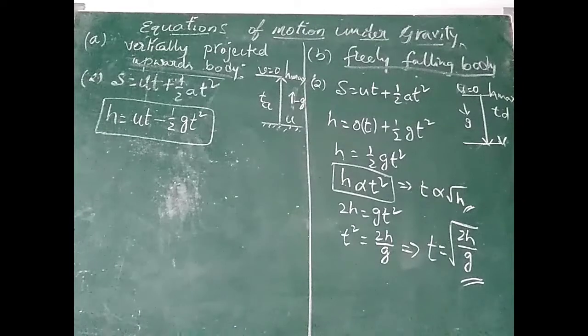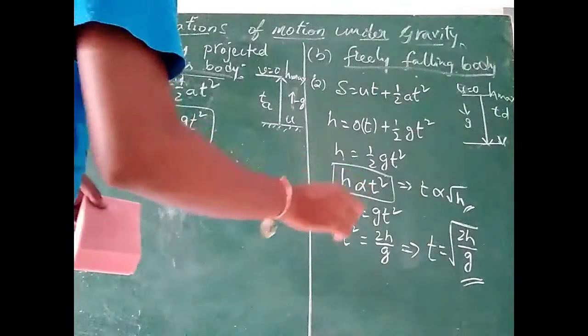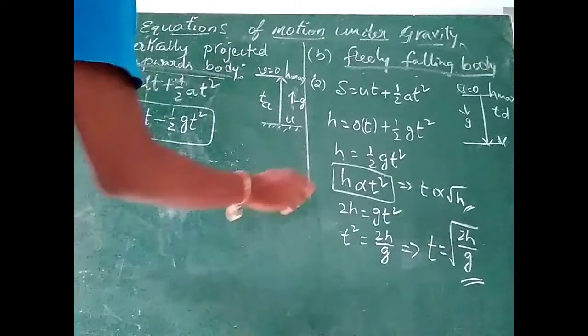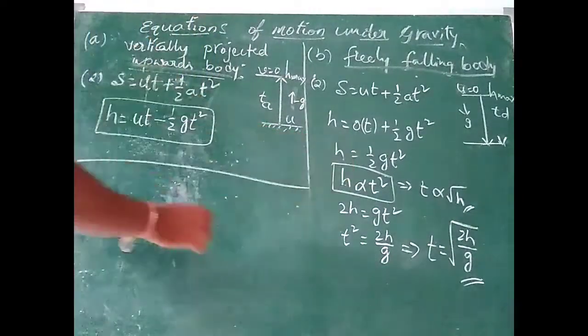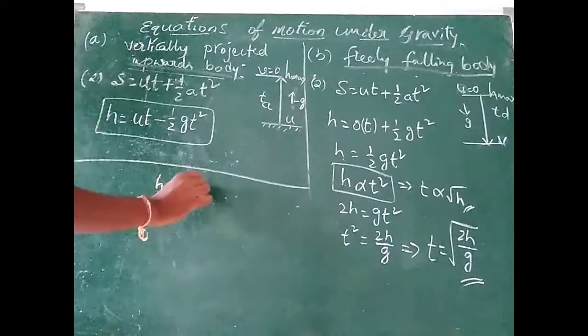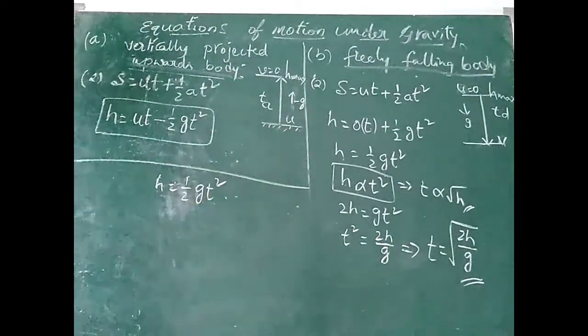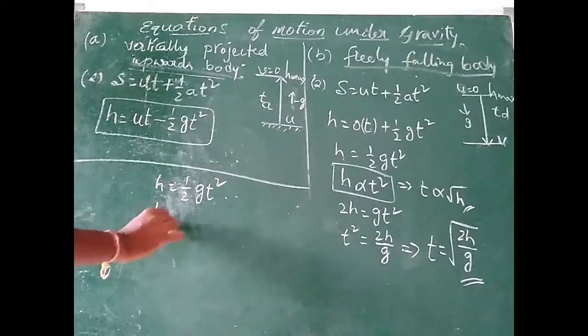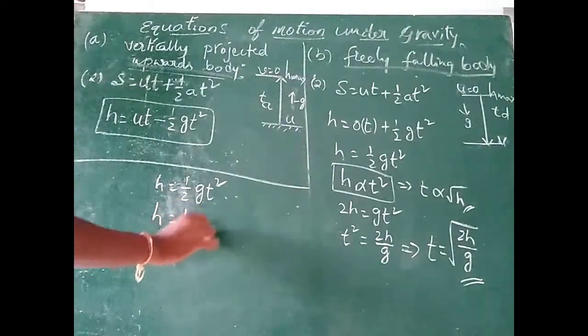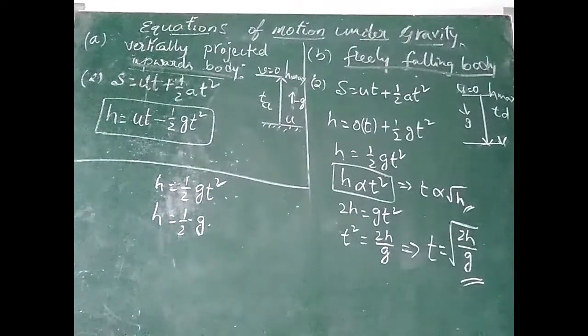Also we can define this equation in another way. Let's check that. H is equal to half into g into t square. What is the equation we got for t? t is equal to u by g, the time of ascent and time of descent.